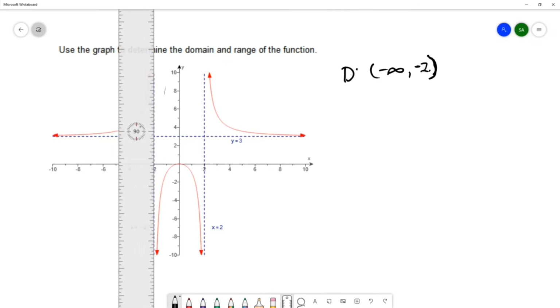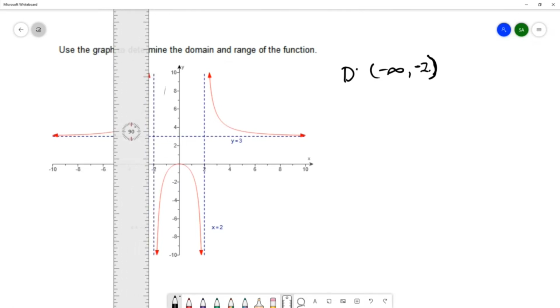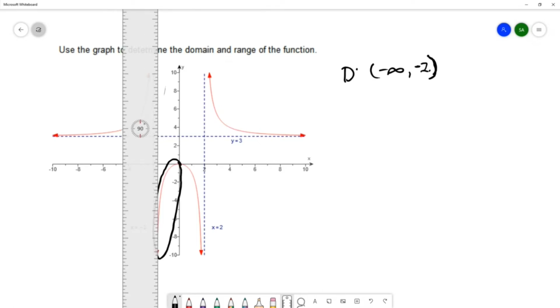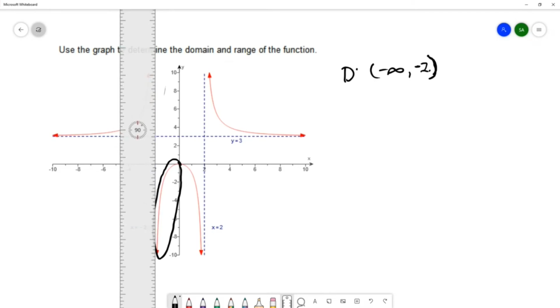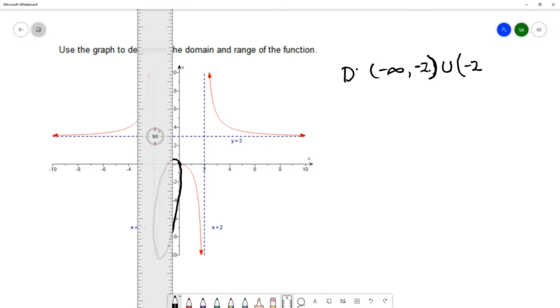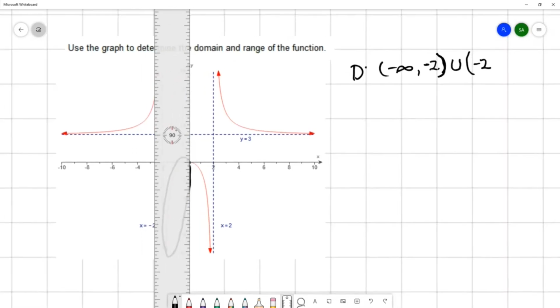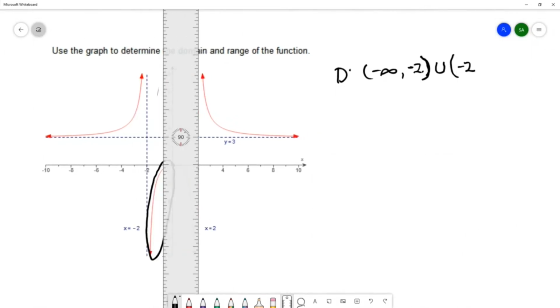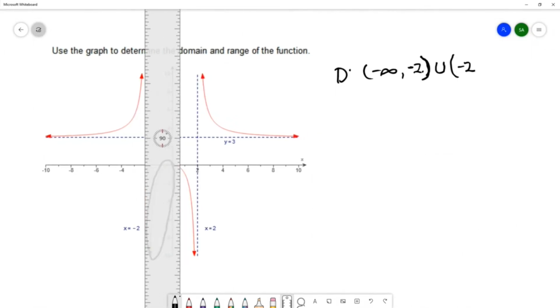However, right after the vertical line, you can see that the graph continues after that vertical dashed line. So my domain starts again. My domain is going to start back up at -2 and continue until I get to that next vertical line, which is right here at 2.